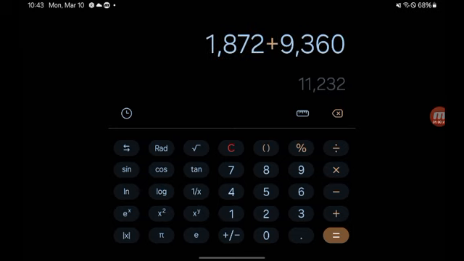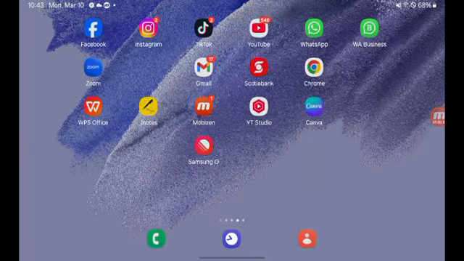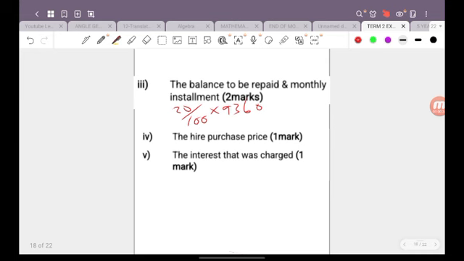So the 1,872 would have been the interest added to the outstanding balance, which would therefore leave the balance to be repaid at $11,232. That's the amount that is left to be repaid.